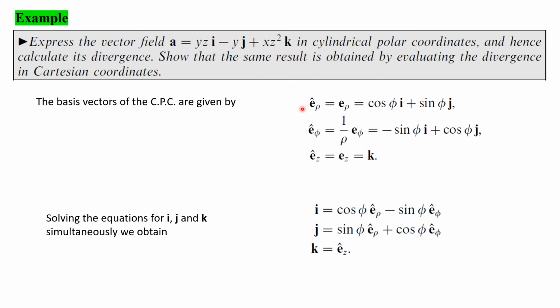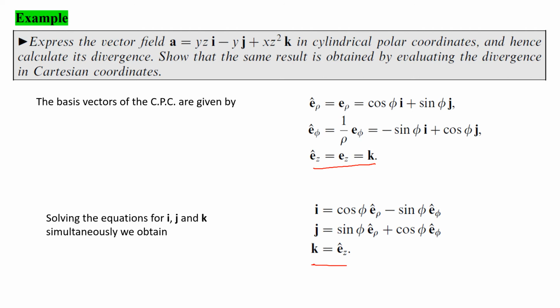So we need to get an expression for i, j, and k in terms of e_ρ, e_φ, and e_z hat. What's easy here is that e_z hat is just equal to k.